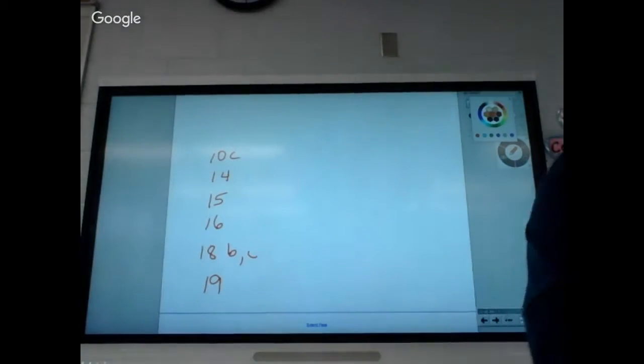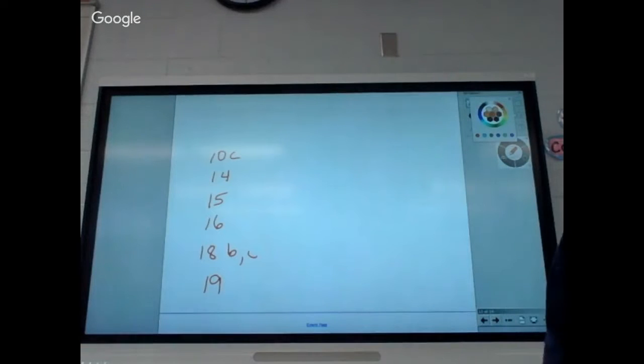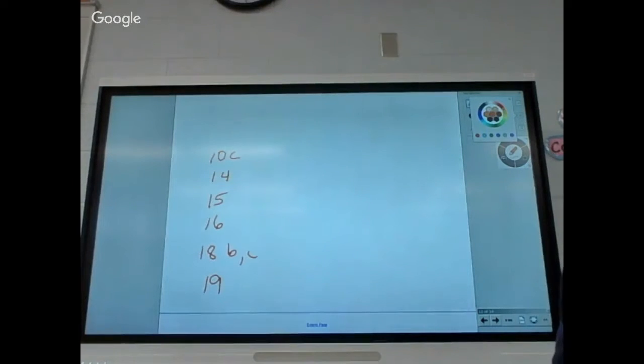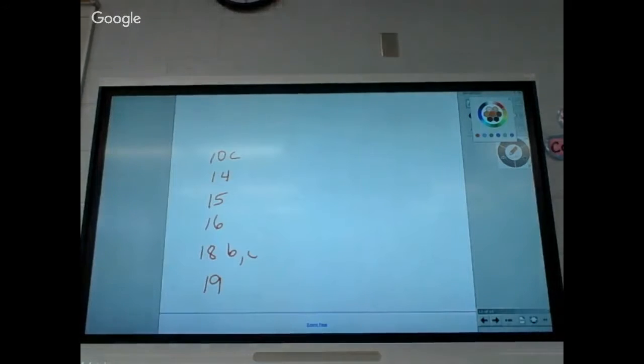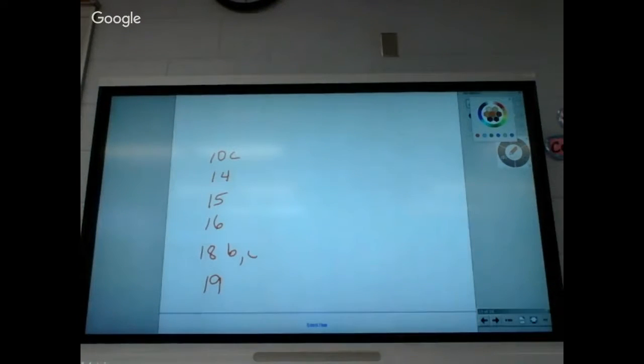Now, is there anybody who cannot find their homework? Cannot find their sheet? Is there anyone who's not written on their sheet? Can I borrow it for a second? Because I'm sure there's going to be somebody in third period who cannot find that sheet. We're going to make a couple copies real quick. I'll be right back with it.